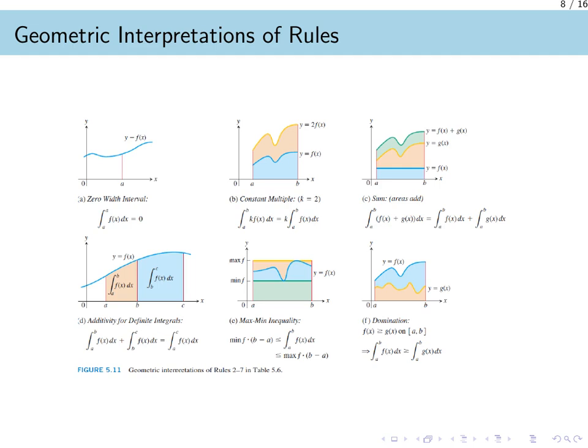The max-min inequality essentially states that the true area under a curve is trapped between the area of a rectangle formed by the lowest point and a rectangle formed by the highest point. Visualizing these rules as areas helps confirm their validity beyond just algebraic proofs. The geometric perspective reinforces that integrals behave like areas of regions.